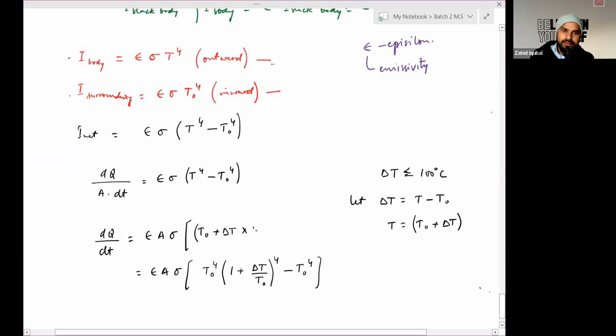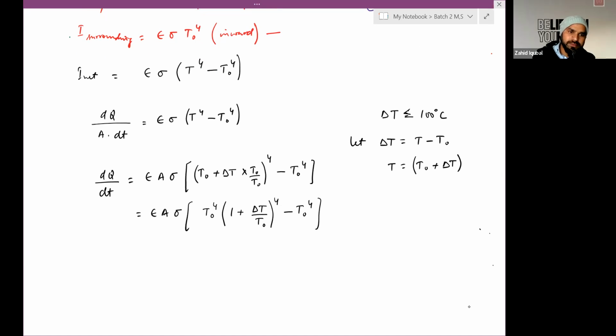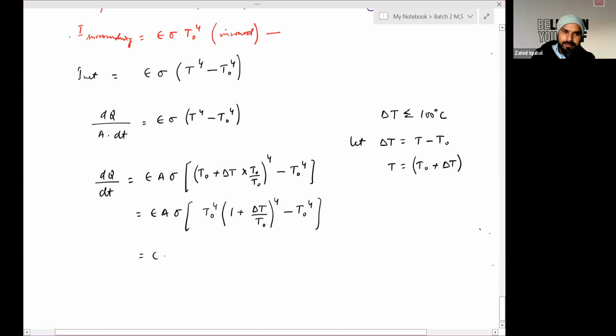Just multiply this by T naught and divide by T naught, then take out T naught as common from both parts, and on multiplying to the power 4, you will get this expression. On further simplifying, epsilon A sigma T naught to the power 4 being common, you're left with (1 plus delta T by T naught) whole to the power 4 minus 1.